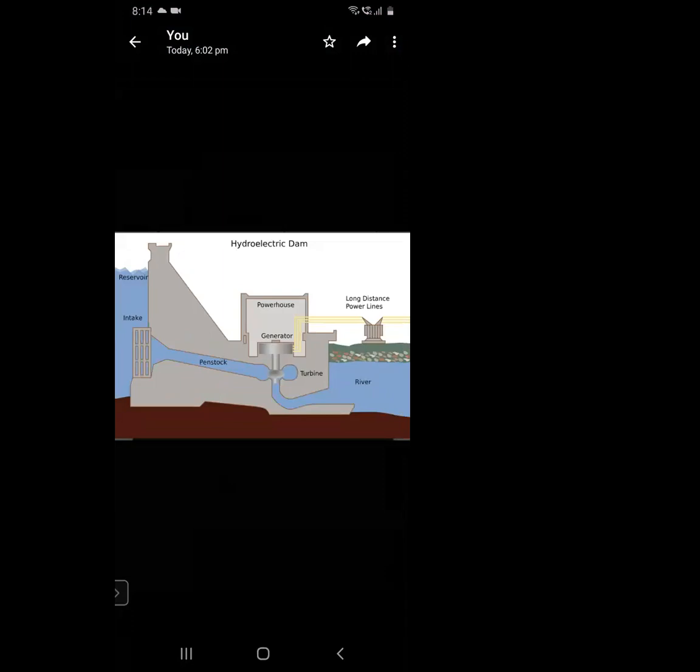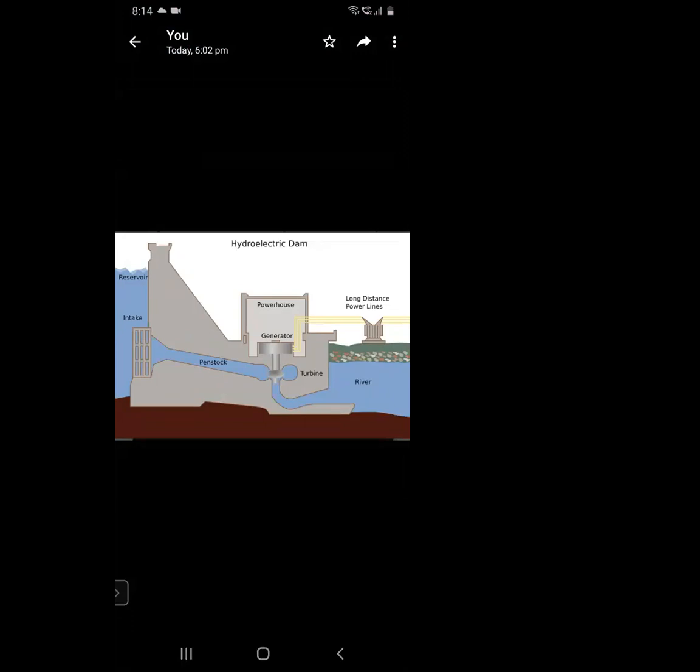When the level of water in the river is higher, the water is stored in the reservoir, and when the level of water in the river falls, the water falls back through this penstock into the river, and in falling back, it moves the turbines again, producing electrical energy, right? Okay, we will do the further questions regarding this chapter in our next class. If there are any questions, please ask.